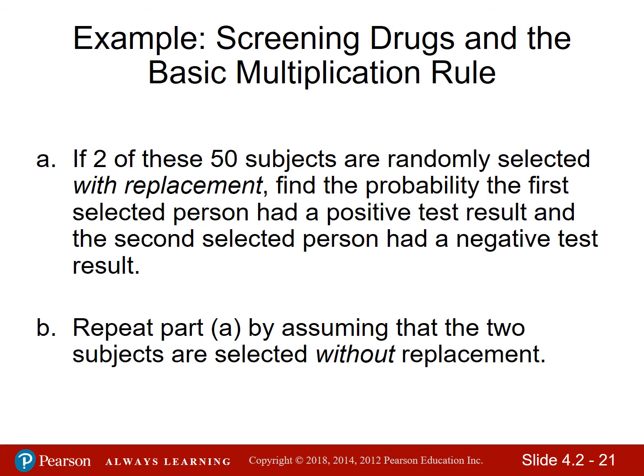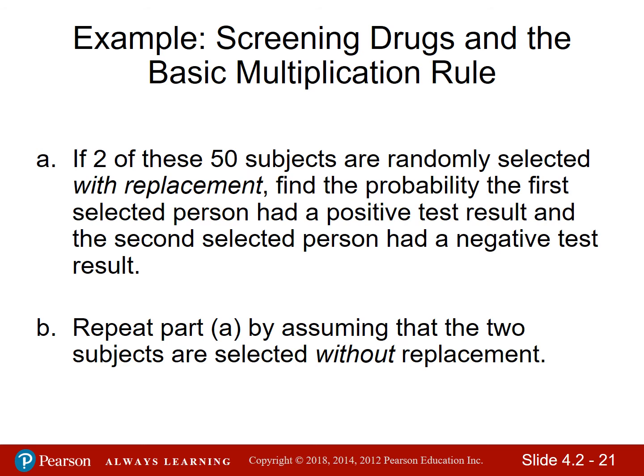Now, the question is, if two of these 50 subjects are randomly selected with replacement, find the probability that the first selected person had a positive test result and the second selected person had a negative test result. So here we are dealing with two events.